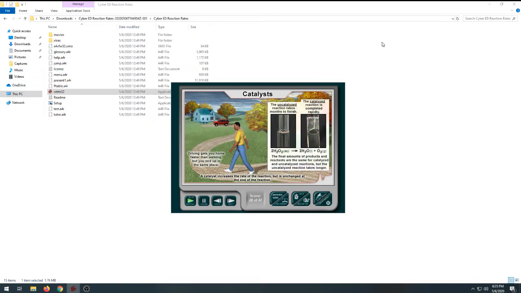In an earlier scene, you saw how manganese dioxide catalyzed the breakdown of hydrogen peroxide into oxygen and water. The final amounts of products and reactants will be the same, whether the decomposition of hydrogen peroxide is catalyzed or uncatalyzed, but the catalyzed reaction occurs much more rapidly.